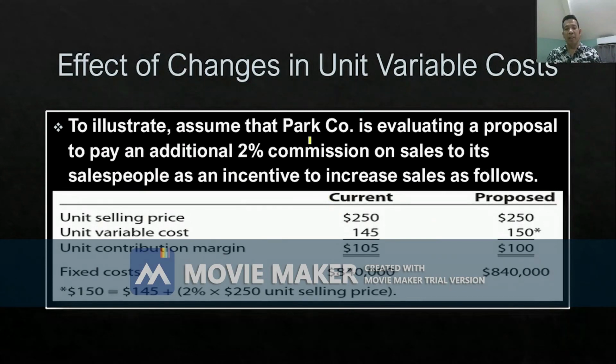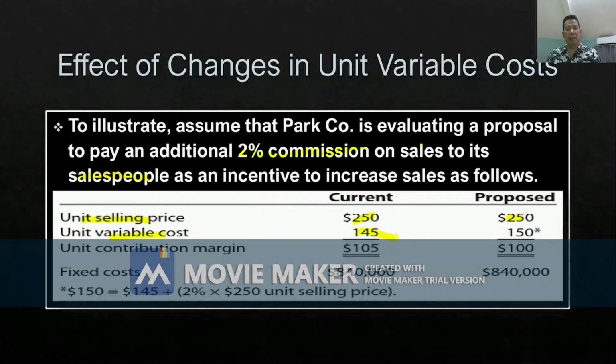So assume that Park Company is evaluating a proposal to pay additional 2% commission on sales to its salespeople, as an incentive to increase sales, as follows. So, unit selling price of 250. Ito yung sa ngayon, while sa kanilang proposal is same din, walang nagbago. So, unit variable cost, 145.